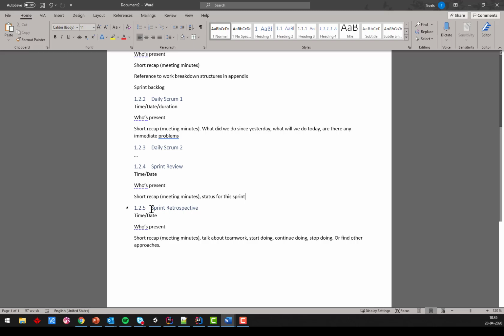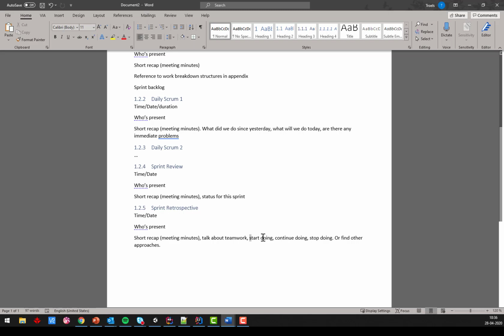And then finally the retrospective meeting, where you look inwards and discuss your teamwork. Right, time, date, duration, who's present, short recap, what was discussed. So you talk about your teamwork. Often it's in the points of what should you start doing, what should you continue doing, and what should you stop doing. But I saw a group one semester, and for each retrospective meeting, they would find a new approach.